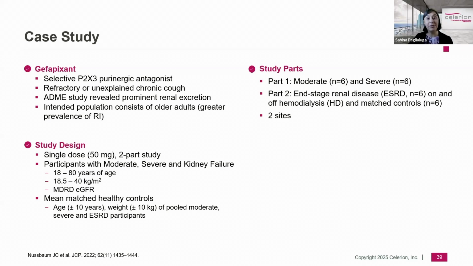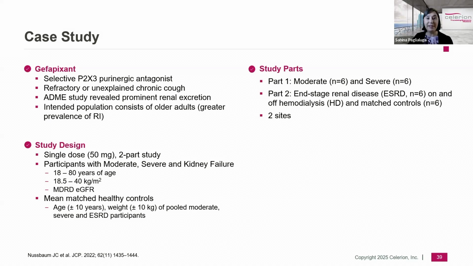This was a single dose, 2-part study involving patients with moderate, severe impairment and kidney failure patients as well. The inclusion criteria include those up to 80 years of age with a BMI up to 40, and then the MDRD was used to estimate GFR. The controls were mean matched by age and weight.